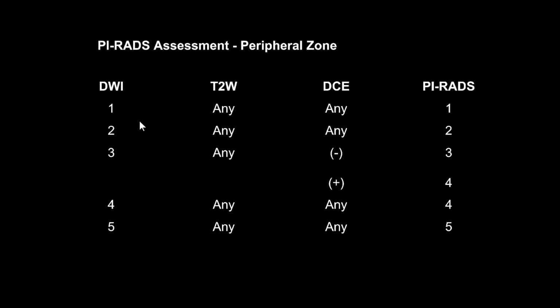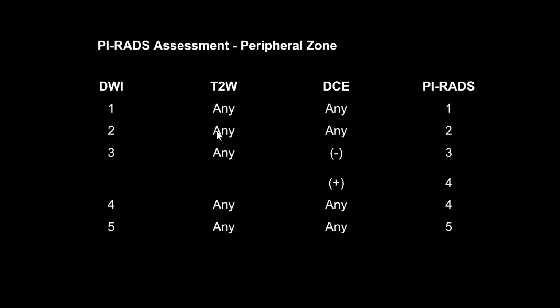In a RADS 2, once again, the DWI trumps everything. You might see some indistinct hypointensity on the parametric ADC map. However, the high B value DWI acquired image is negative.